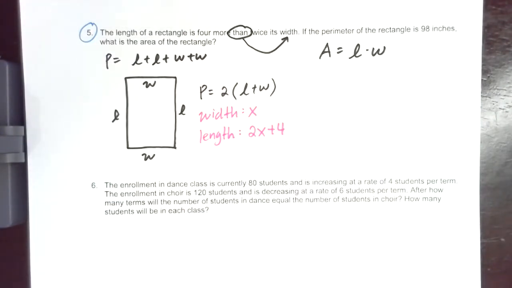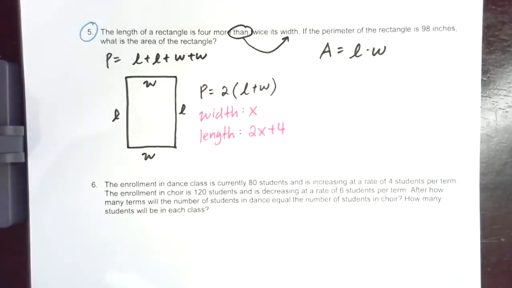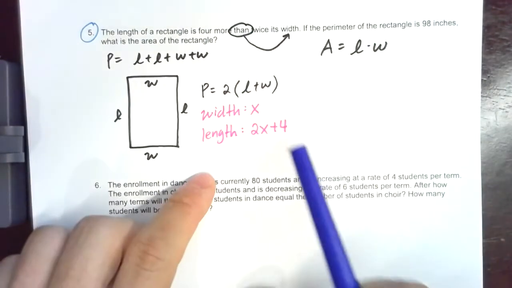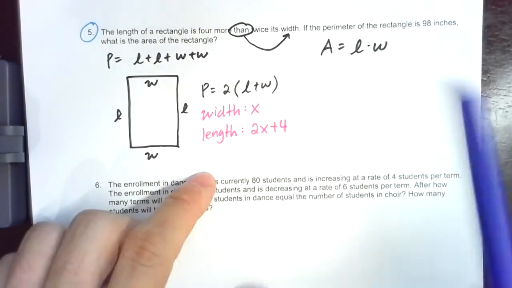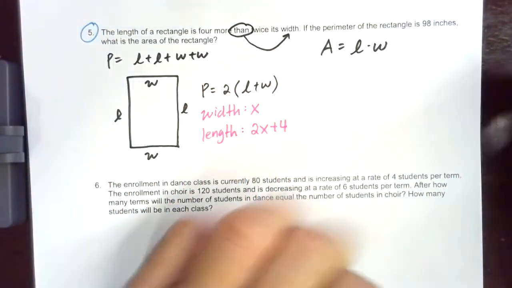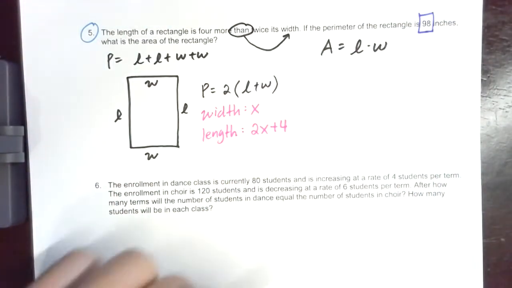Okay, so I was able to do that rather quickly. I actually hope that some of us are so comfortable with these word problems that this came pretty easily for you as well. But now we could add these up and then double it, and that would give us the perimeter, which in this context is 98.